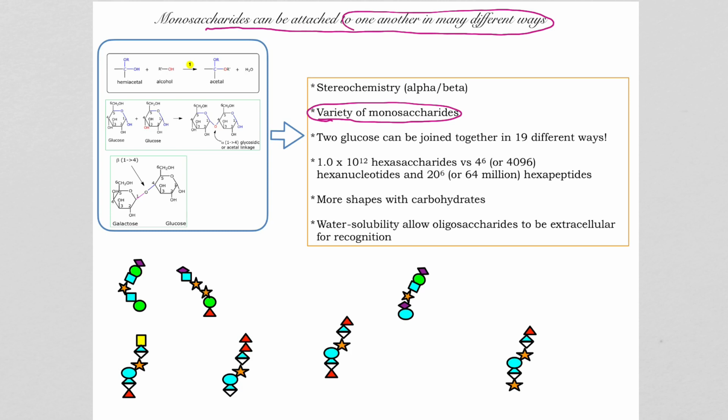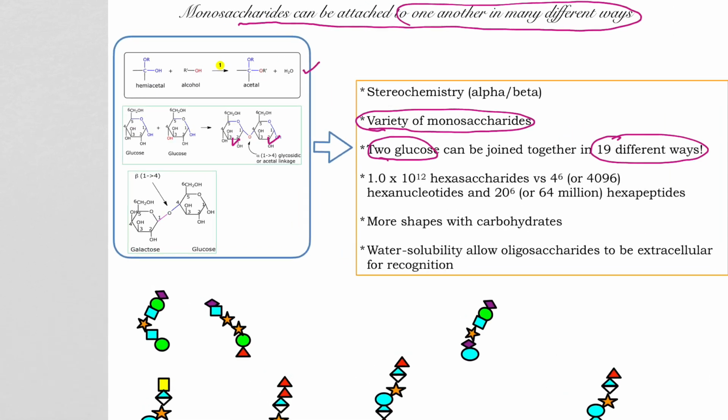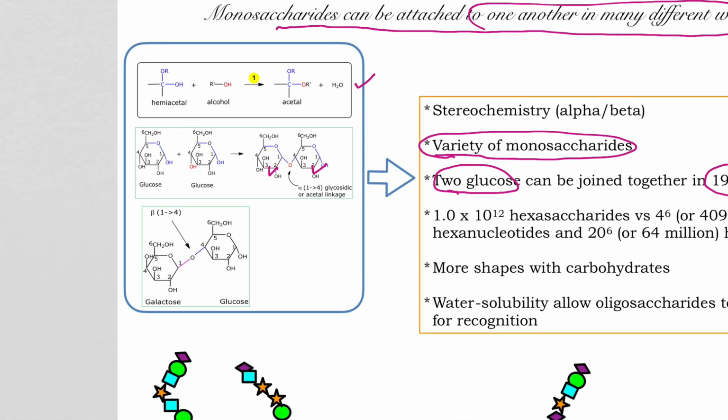So for example, you can attach one glucose to another glucose in 19 different ways. And the reason for that is because of the chemical reaction that attaches two monosaccharides together. So this is basically the reaction. The hemiacetal, so here is a carbon with an OR and an OH, that's a hemiacetal.